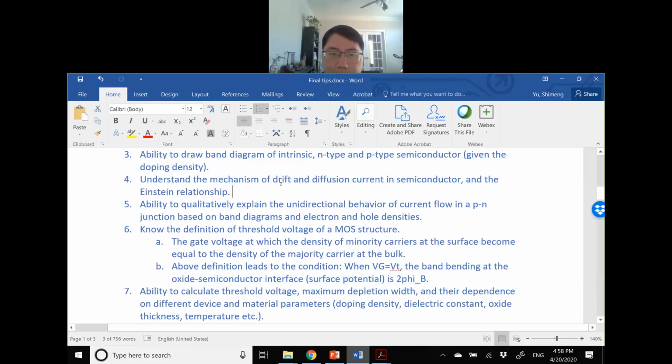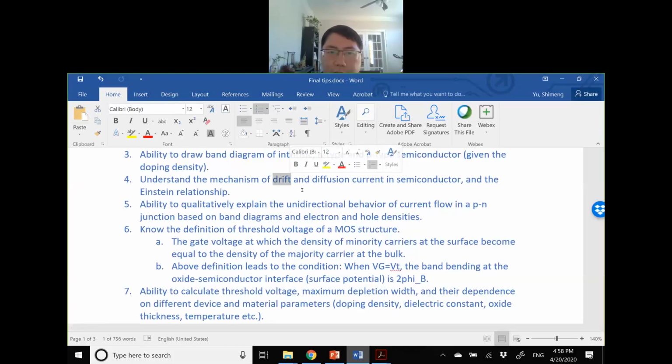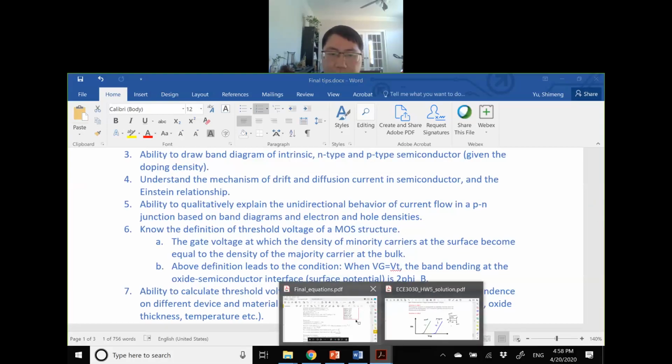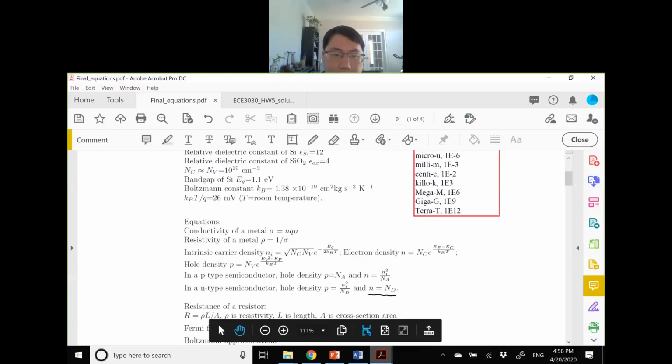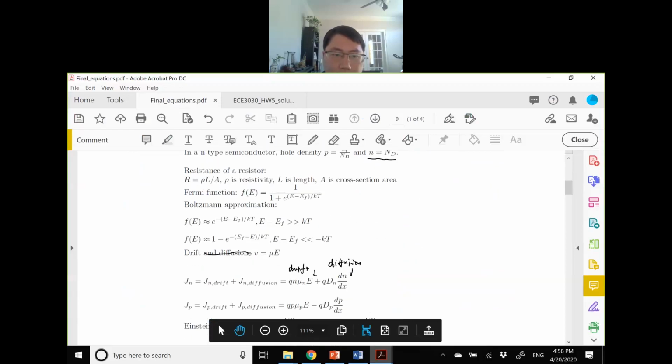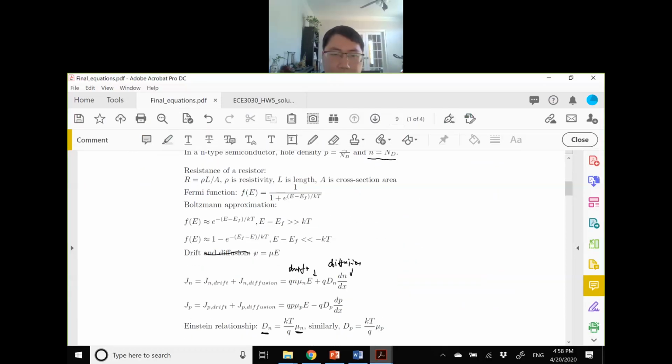One way is the drift, and drift happens when you have electric field, and the motion of the electron or hole depends on the electric field, and the drift velocity equals the mobility multiplied by the electric field.